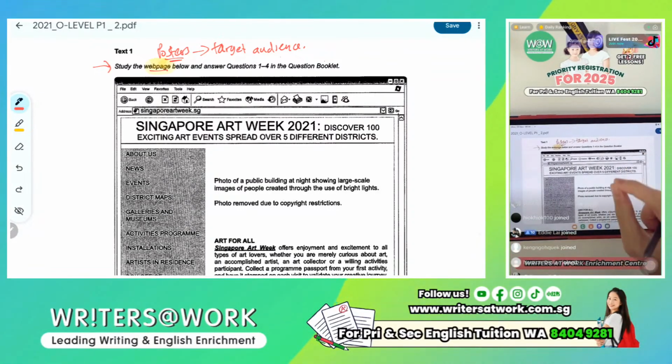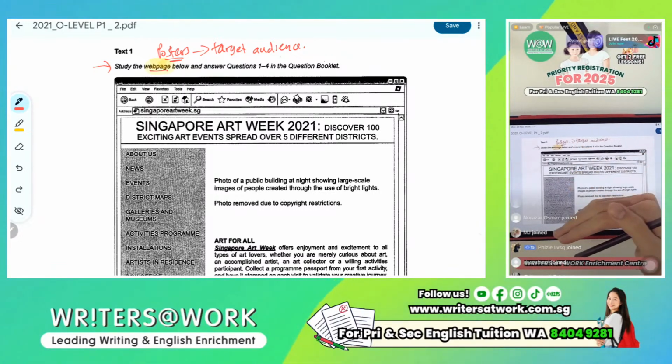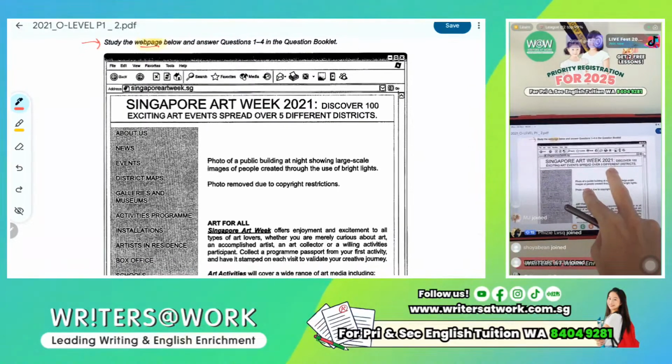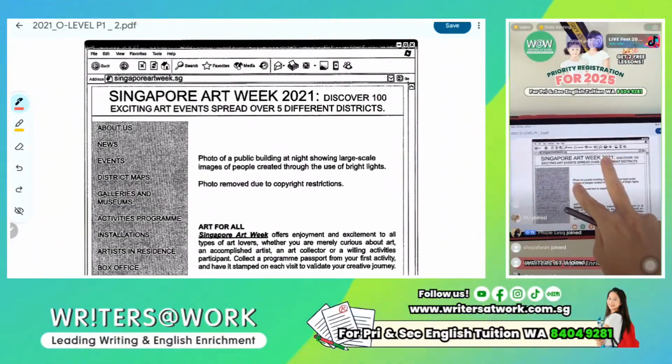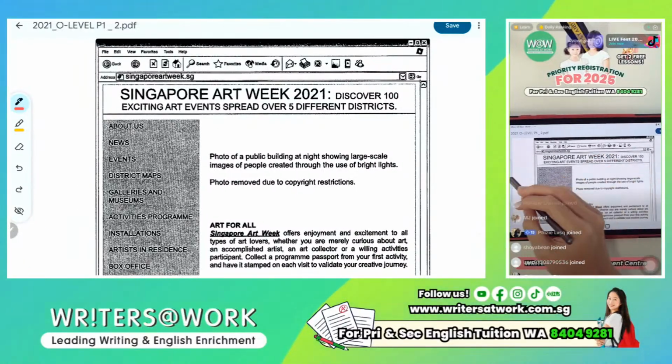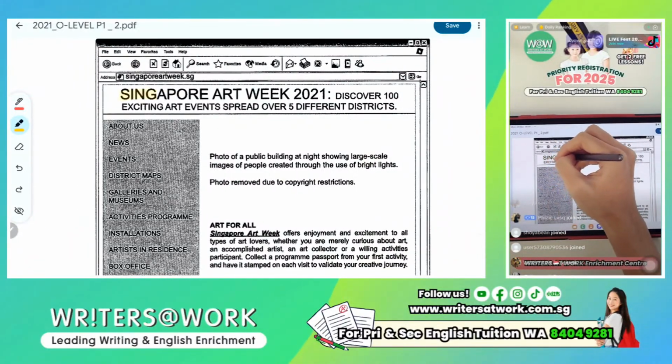So these are some of the small things that will help you in your answers later, but it's important that you take note of them when you first encounter this visual stimulus. The next thing that I want to draw your attention to is this big title here.